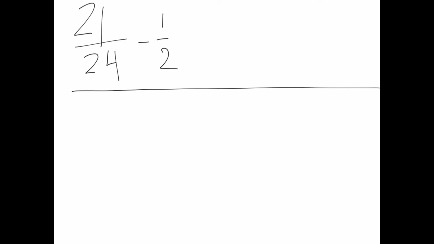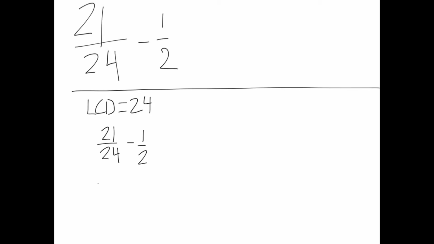So in order to subtract fractions with different denominators, you need to figure out what the least common denominator is. And the least common denominator of 24 and 2 is 24. And so then I leave 21 over 24 the same.